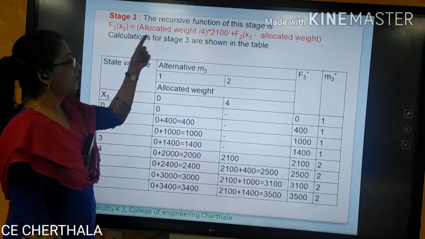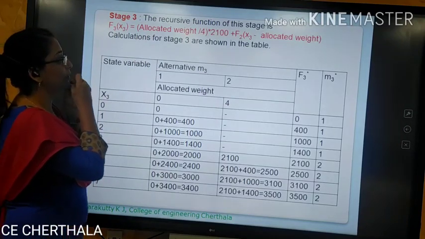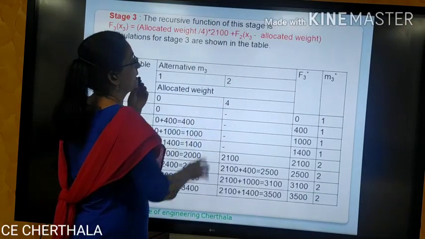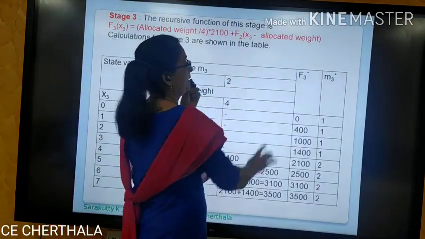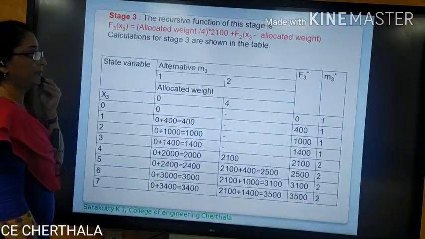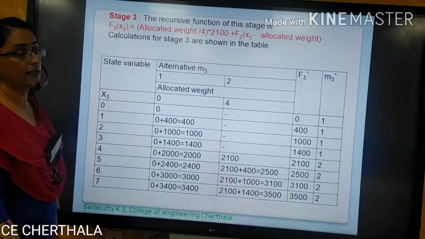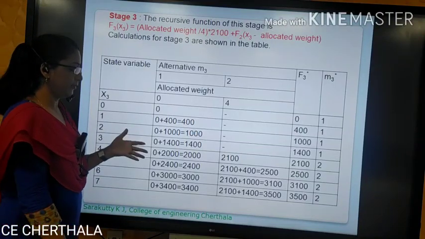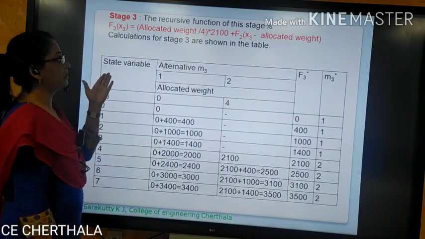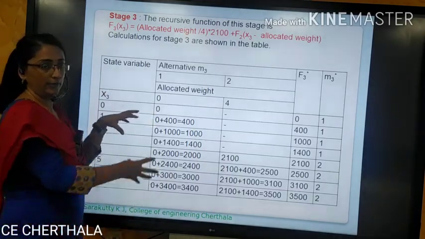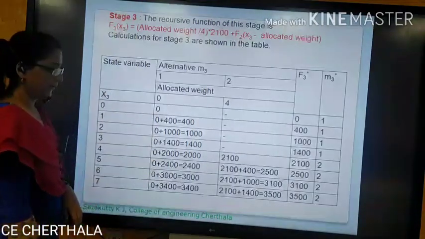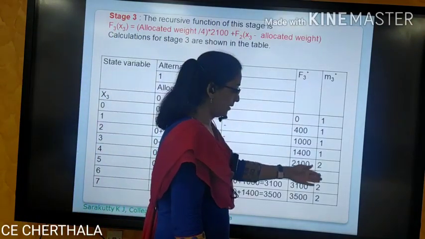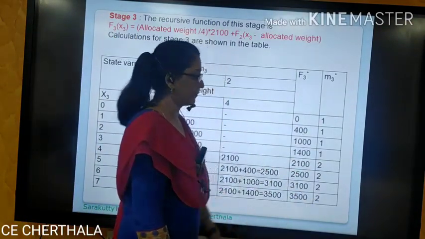So recursive function is allocated weight by 4 into 2100 plus F2 of x3 minus allocated weight. So the same procedure applied in stage 2 can also be applied here in stage 3. And these are the different alternatives.